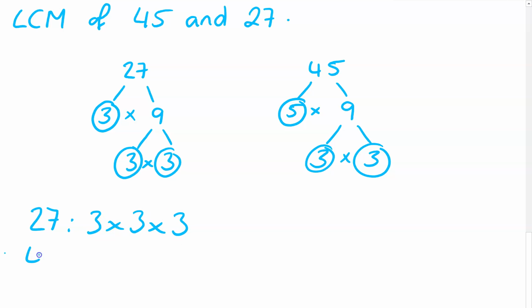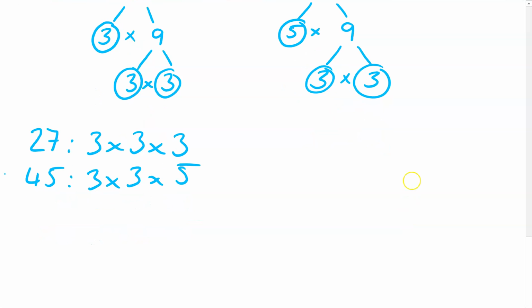And for 45, I've got 3 times 3 times 5. Okay, pair up. Scrub out a duplicate. Right, just to prove that you can still do it on the scrubbing out a top row, I'm going to scrub out a top row. I personally would scrub out the bottom row, but it doesn't matter. Okay, I'm going to get rid of the boxes because they could be confusing.